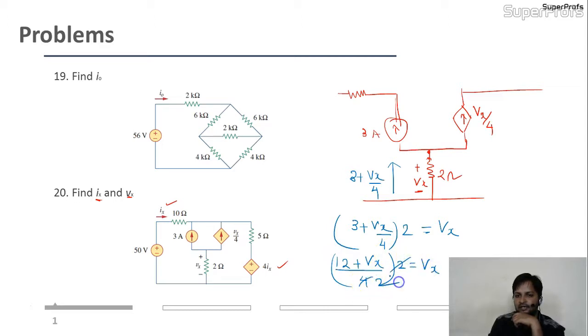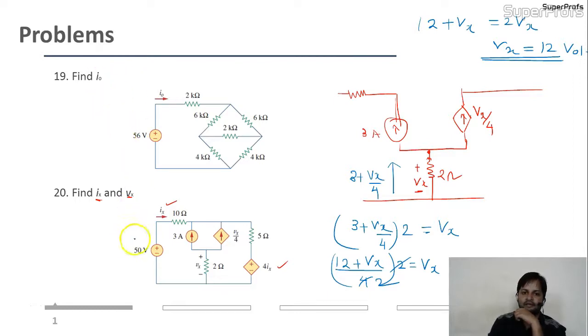So finally, the value of Vx, here I am writing 12 plus Vx equal to 2Vx. So Vx equal to 12 volt. So I get the first one. Vx is nothing but 12 volt.